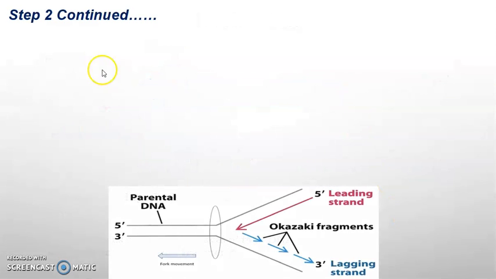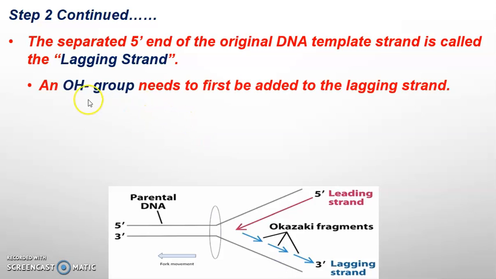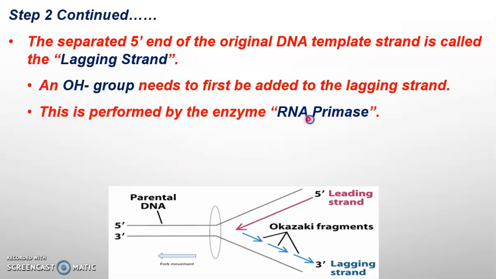So if I just move on to step 2 continued, where we can discuss the lagging strand, again, in any picture, it's always going to be the bottom strand, the 5' end, that we call the lagging, like you can see down here in this picture. So a couple new things have to happen here first. We need to add an OH group down here to the lagging strand, and that's going to be done by an enzyme called RNA primase.